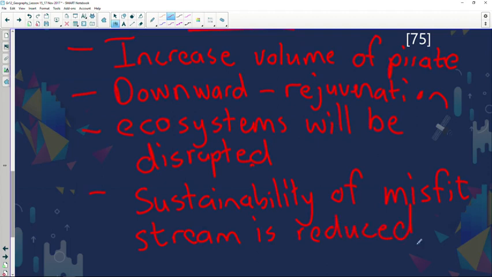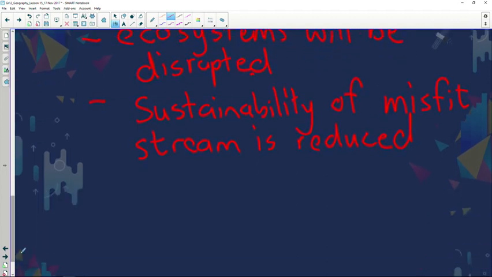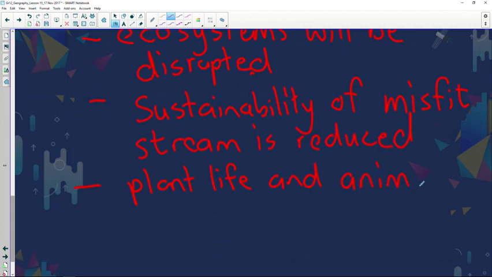And what else can we add over here to this paragraph question? Plant life and animal life will be disrupted at the misfit stream.